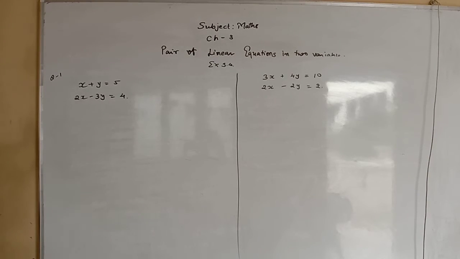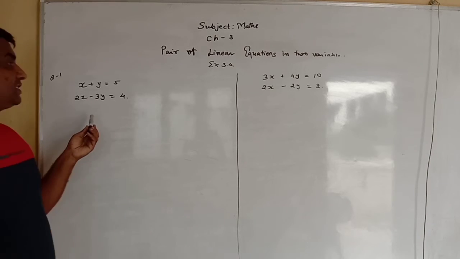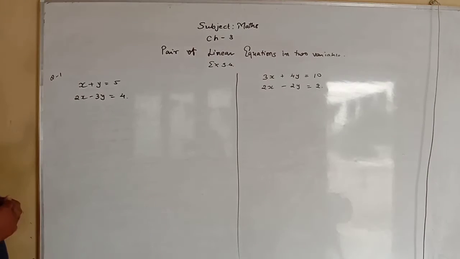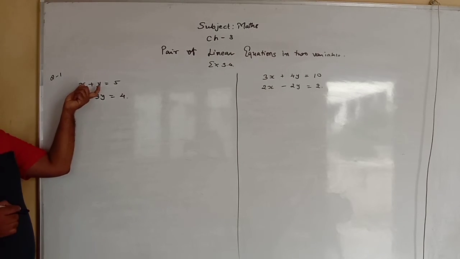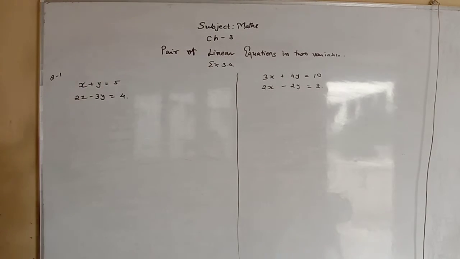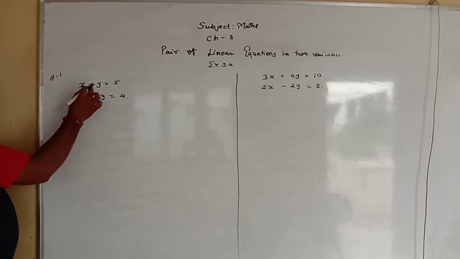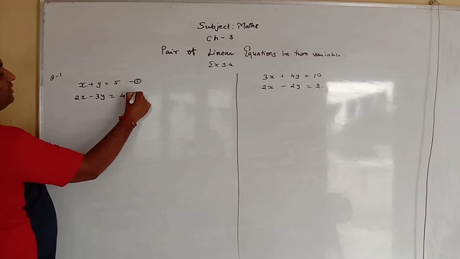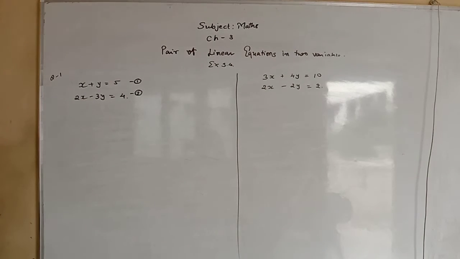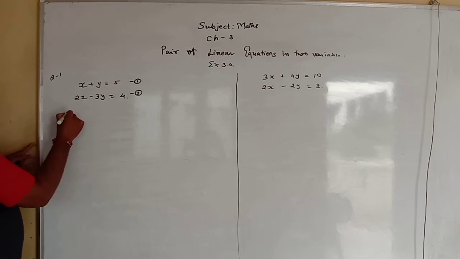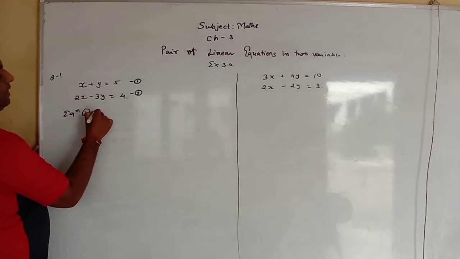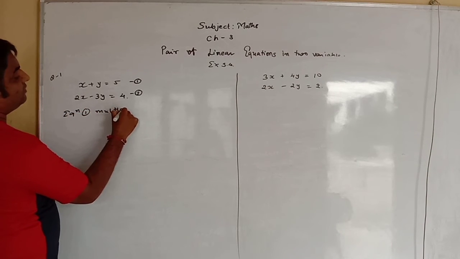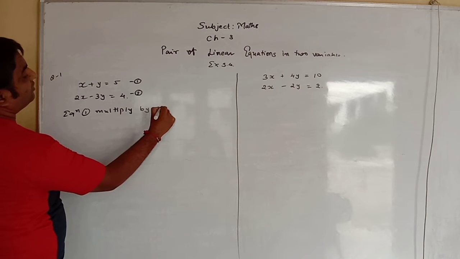Now we have exercise 3.4. Question 1 is to solve by elimination method. So to solve by elimination method, here we can see that x plus y equals 5, 2x minus 3y equals 4 is given. So we make the y variable equal, then equation 1, x plus y equals 5, we multiply by 3.